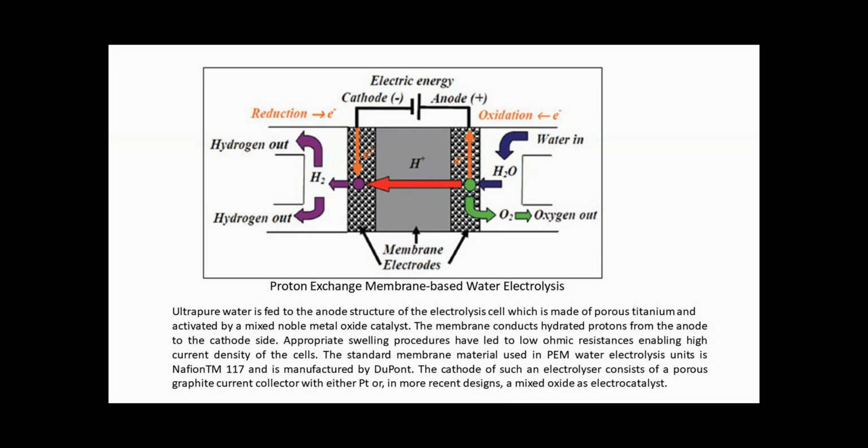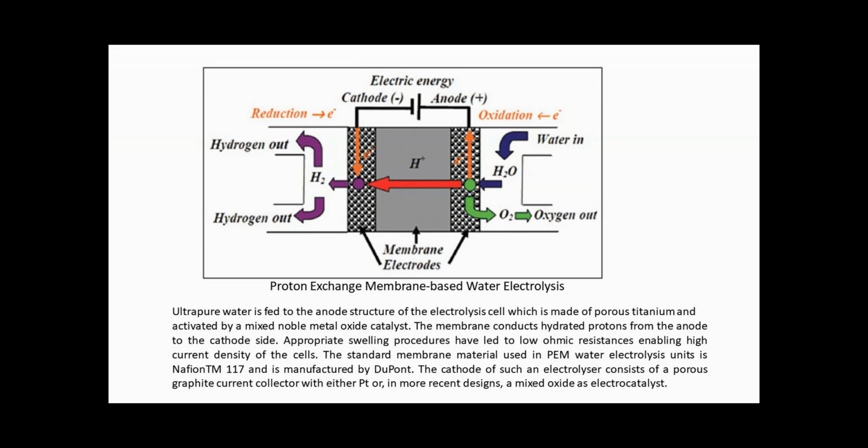DuPont has also developed an exactly opposite way of doing it, which is a proton exchange membrane based water electrolysis. Effectively, they are doing something similar, except that it is not done under alkaline conditions.